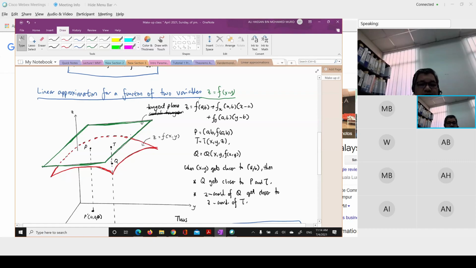And the same idea can also be extended to linear approximation for a function of three variables.